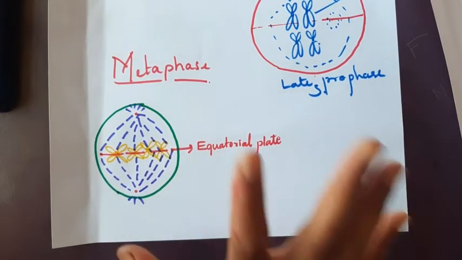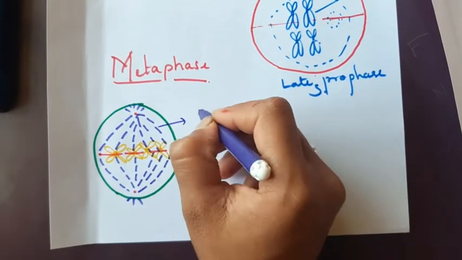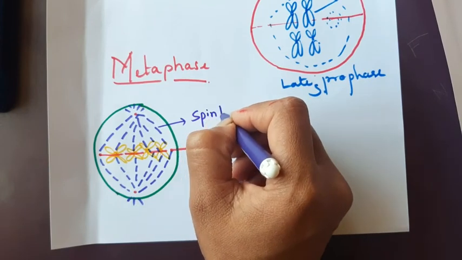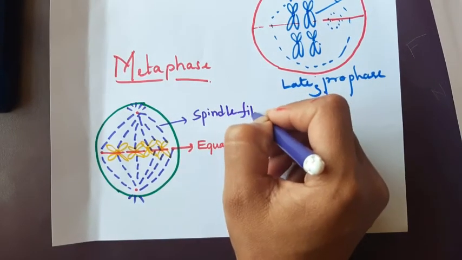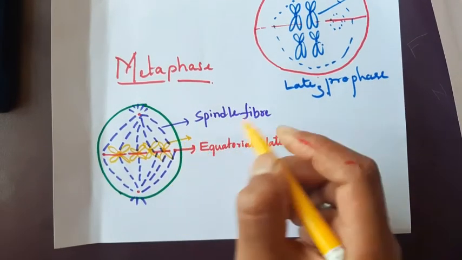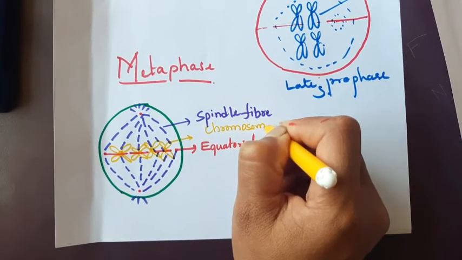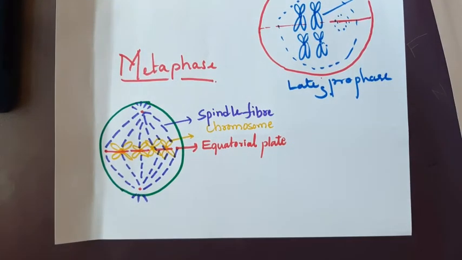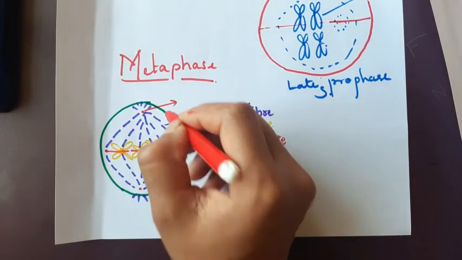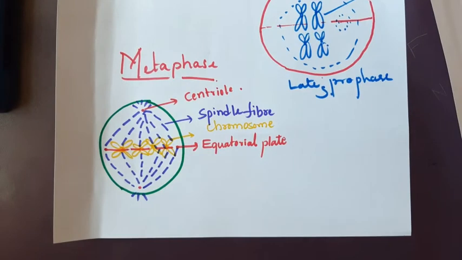The equatorial plate or the metaphase plate, these are the spindle fibers. Then this one is the chromosome. Then the red color thing is the centriole. Okay. This is the arrangement of chromosomes during the metaphase stage.